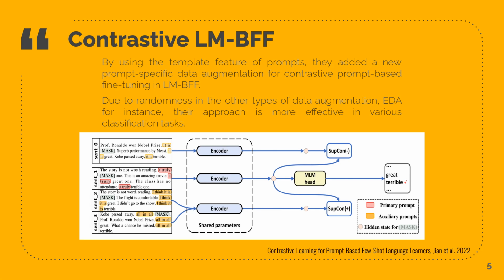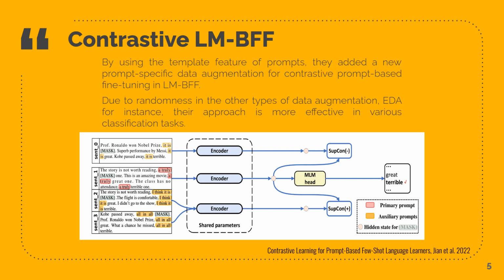Contrastive LM-BFF, which was presented by Jian et al. 2022, added a new prompt-specific data augmentation, which includes changing the template of each prompt and adding a contrastive learning part, adding a supervised contrastive loss to the MLM loss of LM-BFF. With their approach, they could improve the performance of LM-BFF as they are using supervised contrastive and contrastive parts in their model.